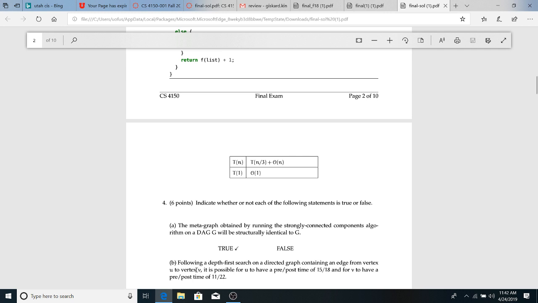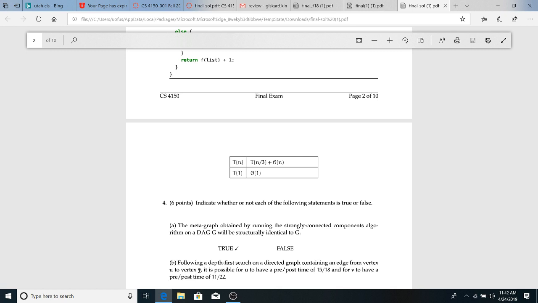An example of this is, say you have your DAG here. Say you start your depth first search at U here, and maybe give it a 1. It'll do some other stuff, and it has a post time of like 5.